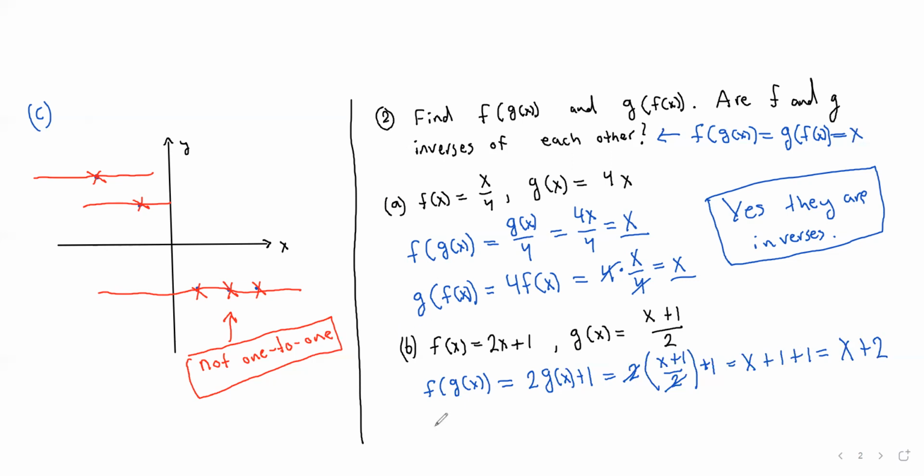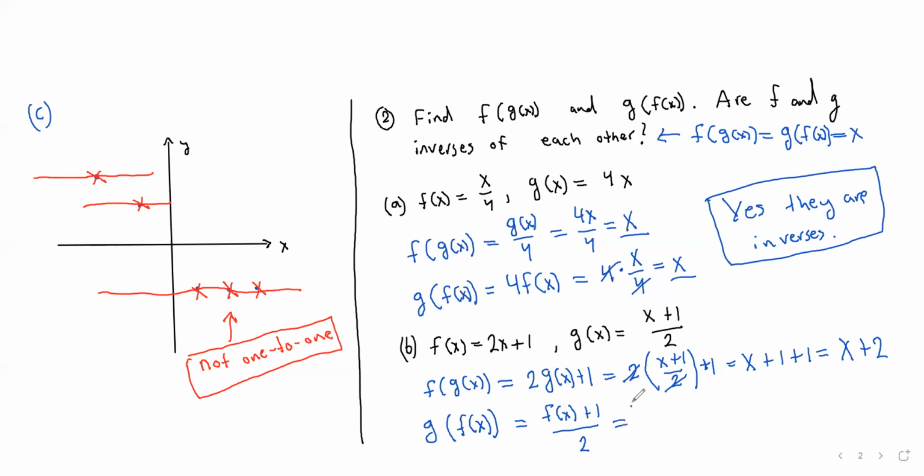Now let's look for g of f of x. Like before, we go to the equation for g and replace every occurrence of x with an f. So this becomes (f of x plus 1) over 2. Now we replace f of x with its formula, which is 2x plus 1.